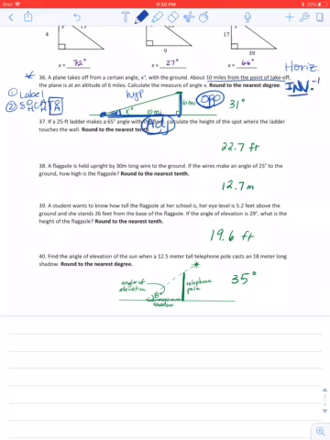So I would type tangent to the -1 on my calculator. That's going to be second tan, and then in parentheses 6/10. You type that in the calculator, which is going to be approximately 31 degrees if you round it to the nearest degree. Does that make sense?